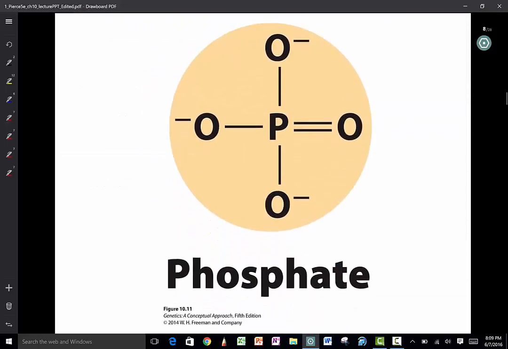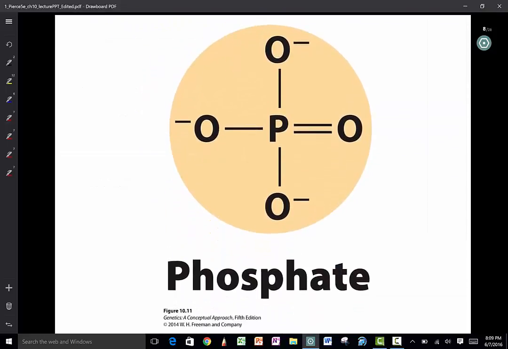Well, there's a close-up view of a phosphate. So that's what a phosphate looks like. It's always negatively charged. And so what we'll see when we start putting nucleotides together is they look like this in a big DNA molecule.